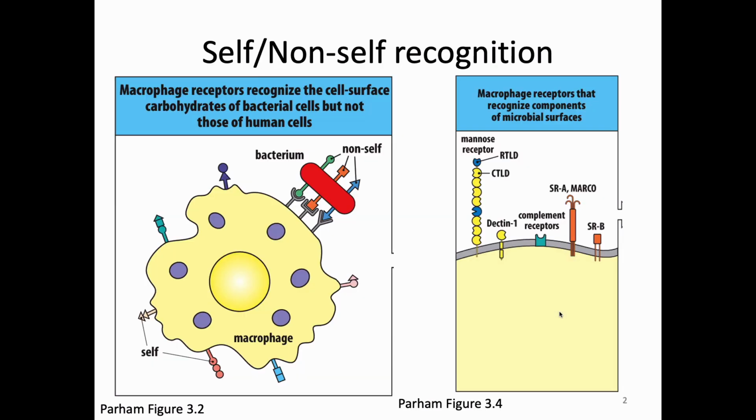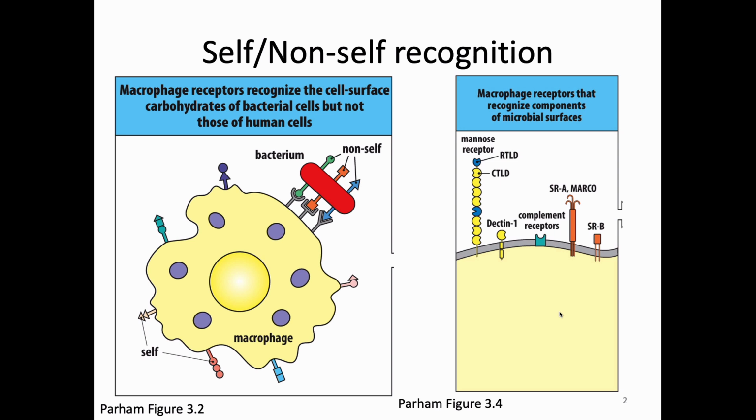So this process happens because of the ability of these macrophages to do something called self-non-self recognition. In fact, the general concept of self-non-self recognition is pretty much a major underlying concept of all of immunology. Here we have cells like our macrophage that have some proteins. Bacteria have some different proteins, and also some other biological molecules. Our macrophage will have some receptors that can bind to those molecules.